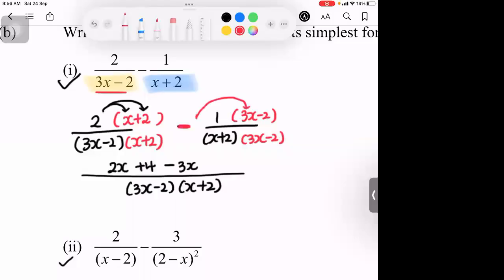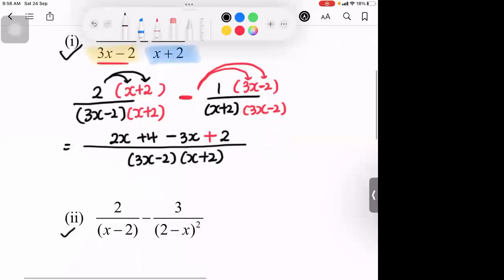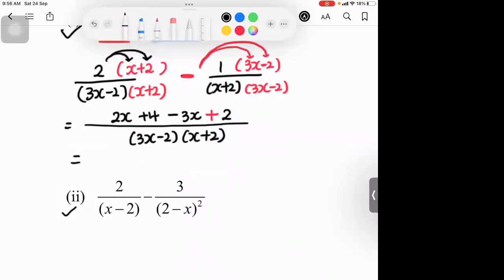Negative 1 times negative 2 becomes positive 2. So this is the part where students can make careless mistakes. Must take note. Then equals to, we simplify the numerator, 2x minus 3x, that will be negative x. 4 plus 2 is 6. Then you get your answer.